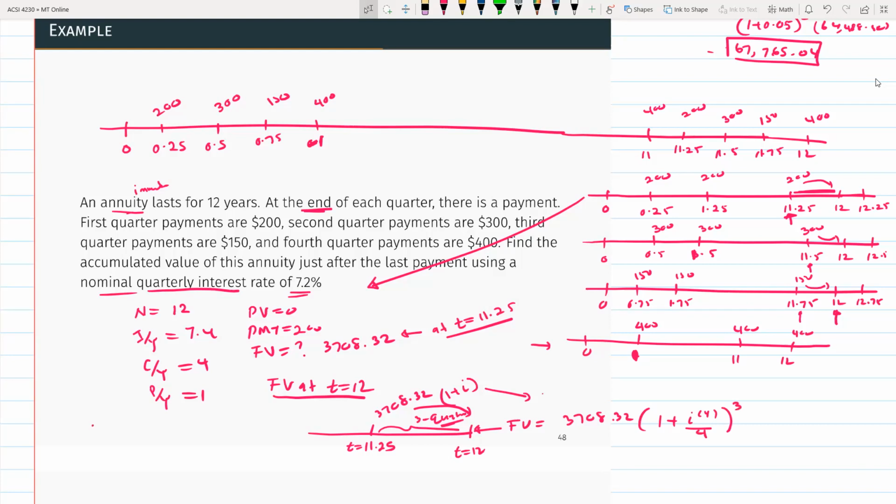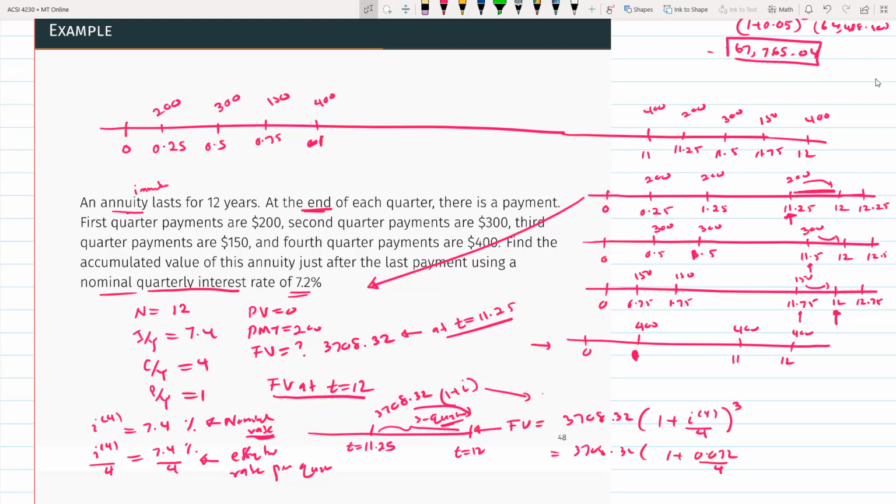Okay, so I4 is 7.4. I4 divided by 4 is 7.4 divided by 4. And what is this? Effective rate per quarter. And this is nominal rate. Okay, so you can do this. 1 plus 0.072 divided by 4 to the 3.